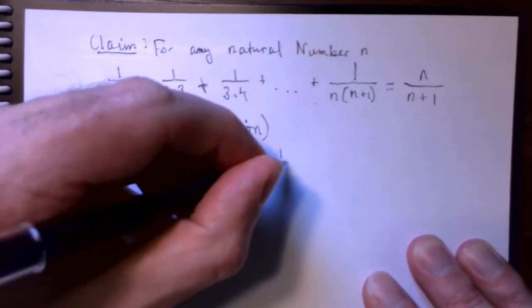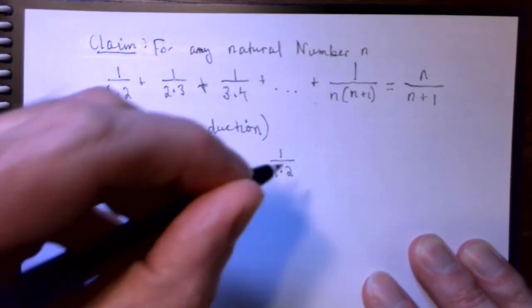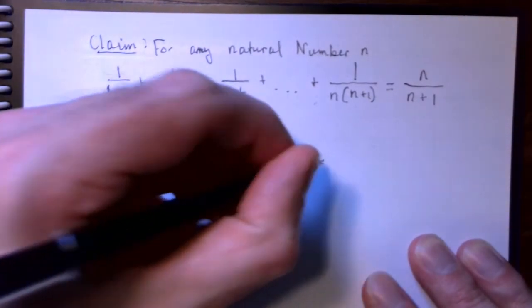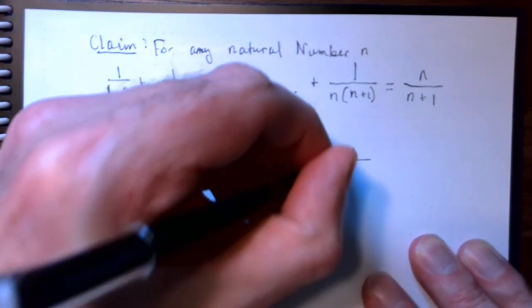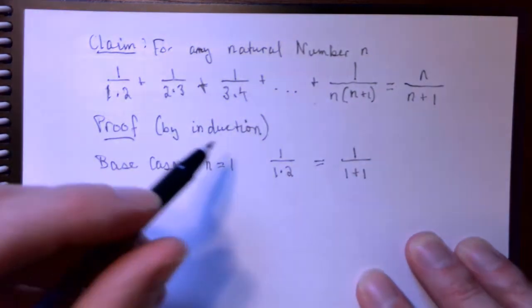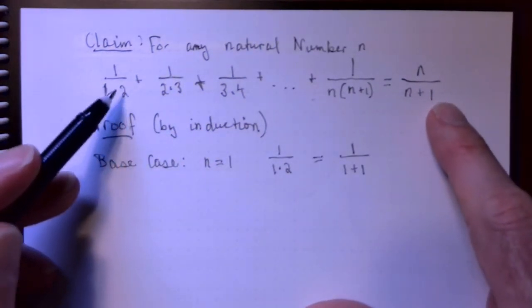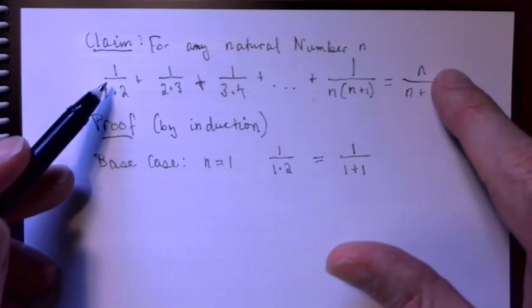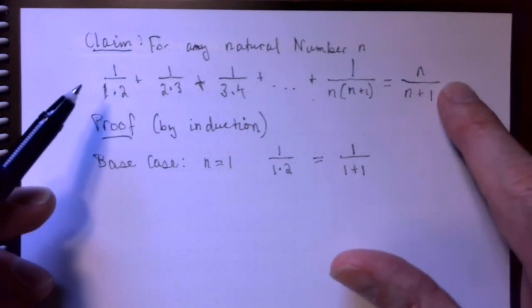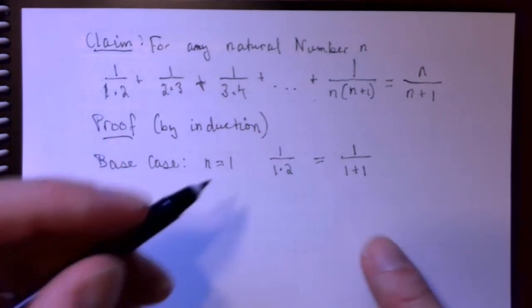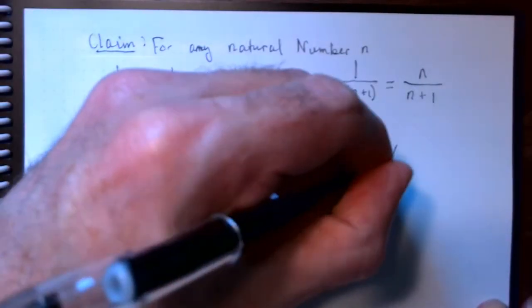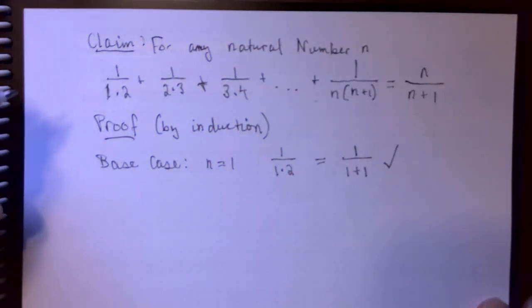So when n equals 1, it says that the first term on the left should be equal to 1 over 1 plus 1. Okay, if I think of this when n equals 1, we just take one term over here, and I replace n with 1 over here on the right. Here I get 1 over 2 on the right-hand side, so that is true.